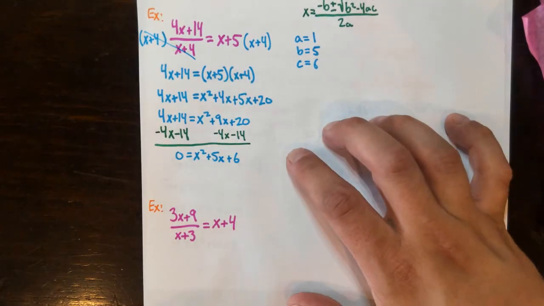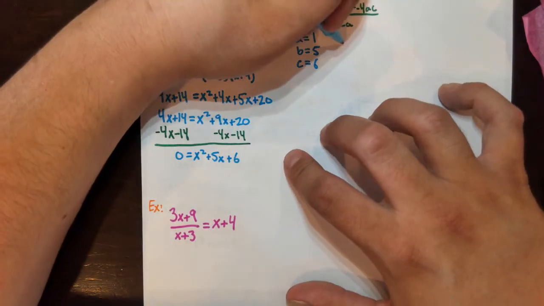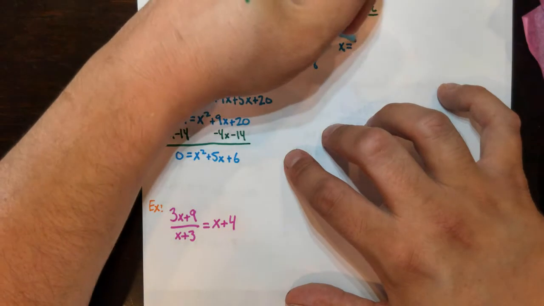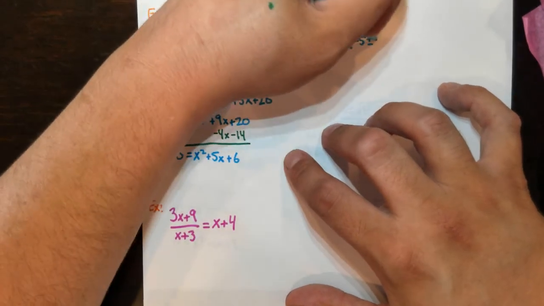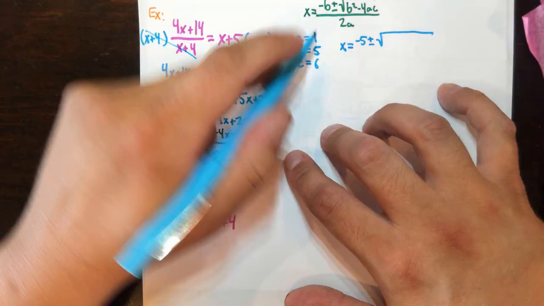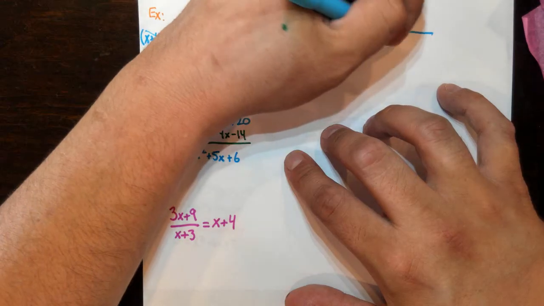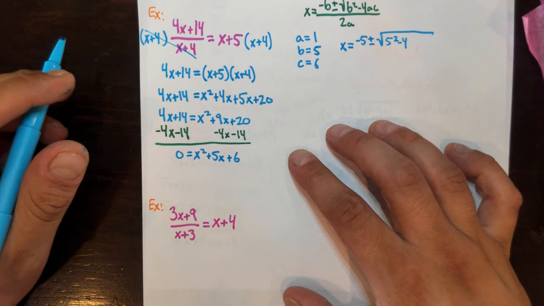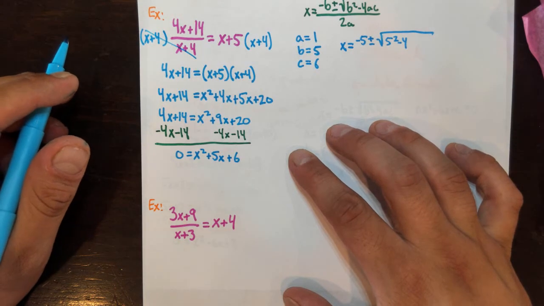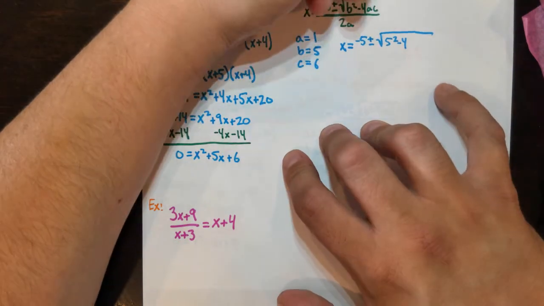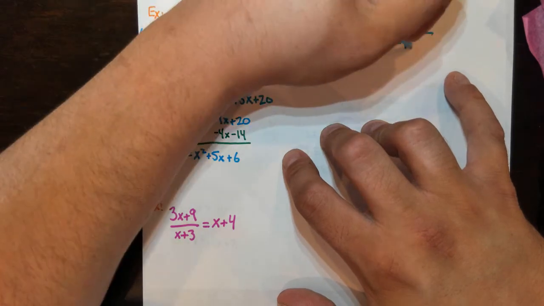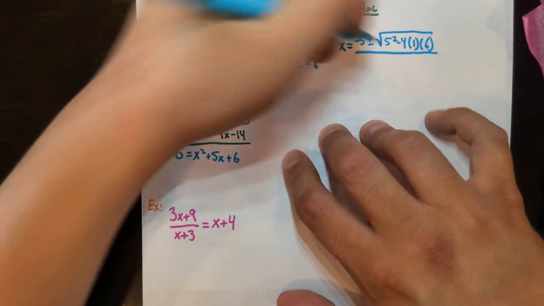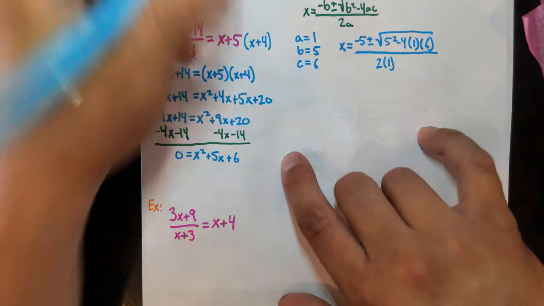So by plugging it in, we're going to get x equals negative b, so negative 5, plus or minus the square root of 5 squared, minus 4 times our a, which is 1, times c, so 4 times 1 times 6, all over 2a, 2 times 1.